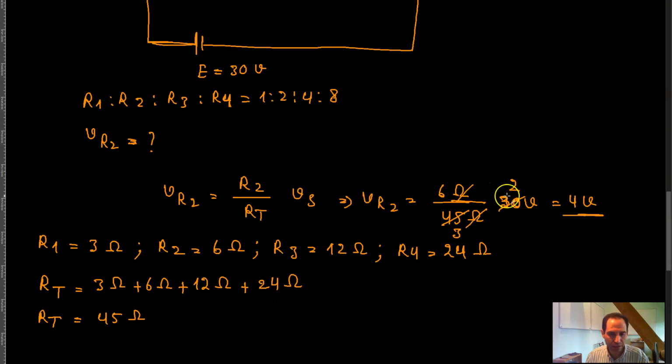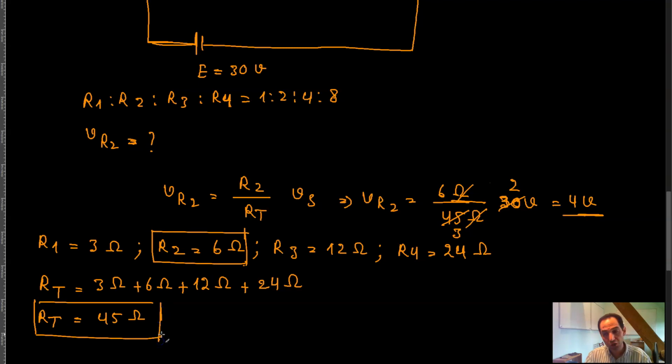You got the exact same voltage, although the value of R2 has changed and the value of R of T has changed as well, but the ratio has remained the same, so the voltage will not change. That's the meaning of ratio. So the V of R2 was therefore 4 volts. That was question number 15.